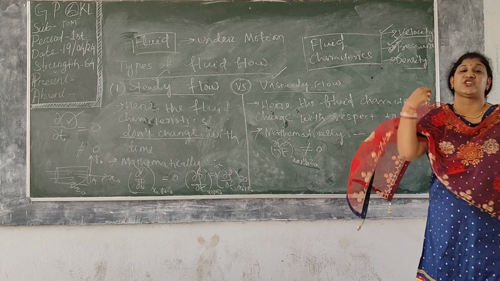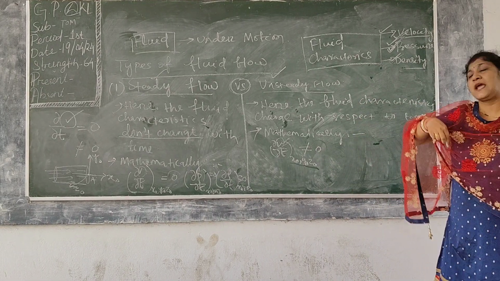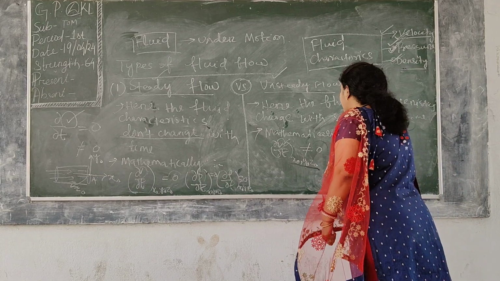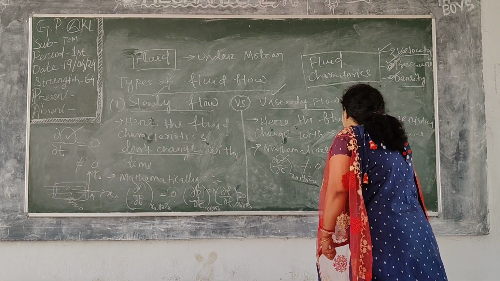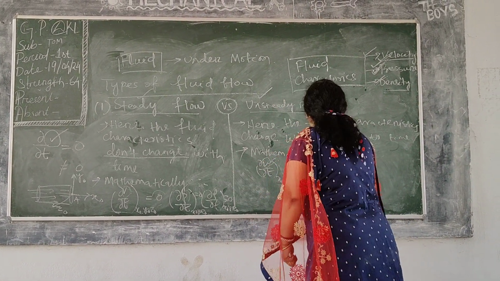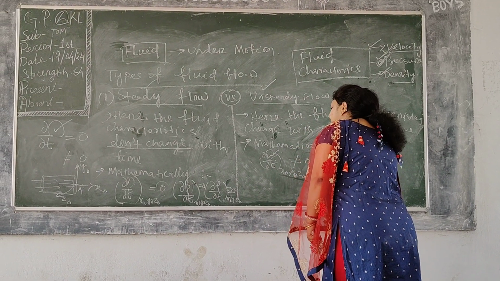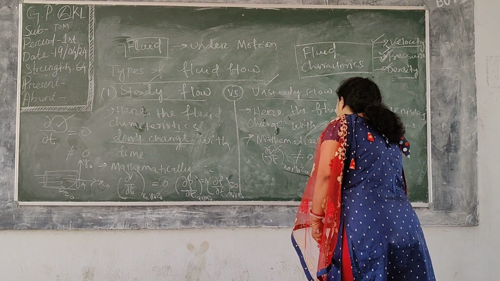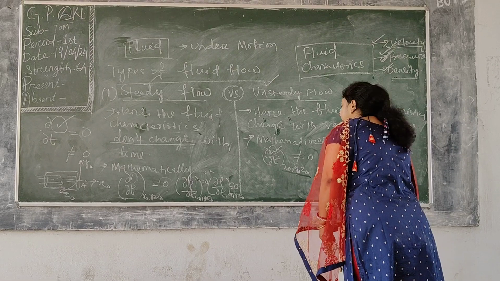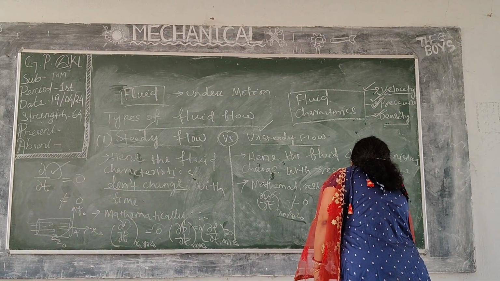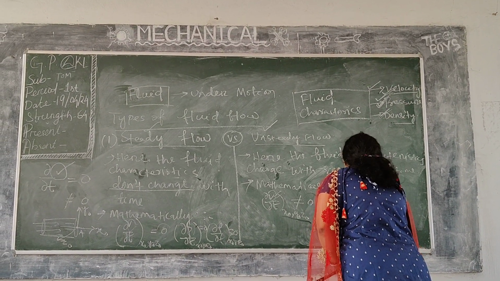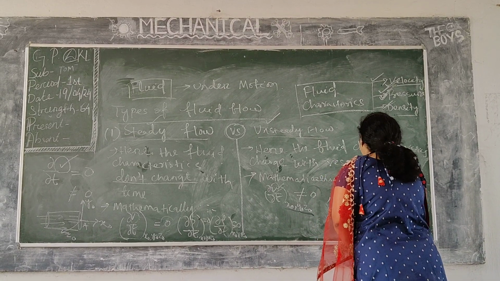There must be some changes. There must be some changes. So this is equal to 0. Again, the second equation is, dp by dt along all the three directions x0, y0, z0 is not equal to 0.